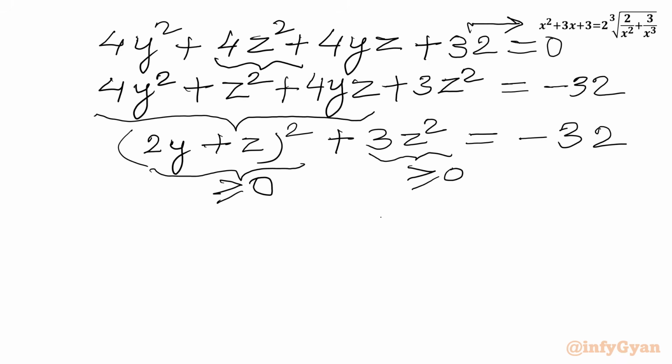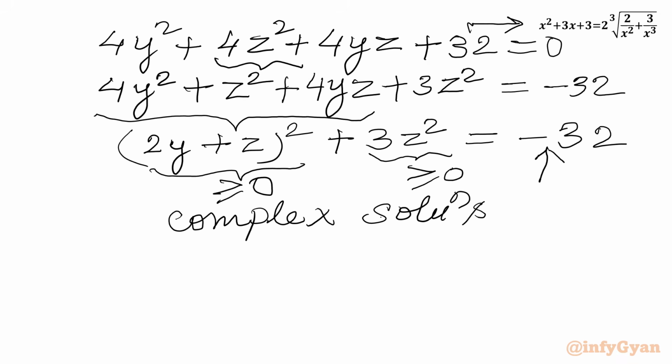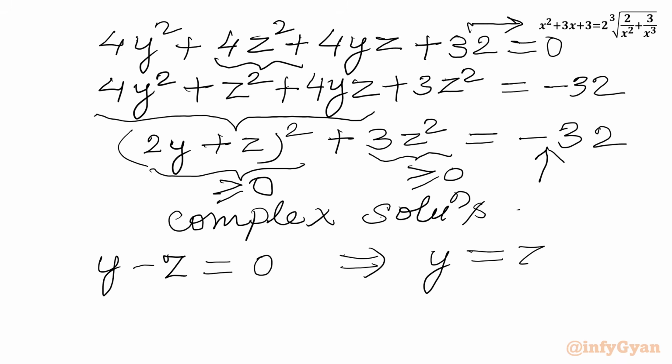The sum of two non-negative numbers, if it is equal to a negative number, then we are going to get complex solutions. So we will write here complex solutions. So we have only one condition from our first equation, y minus z equal to 0, or we can say y equal to z.